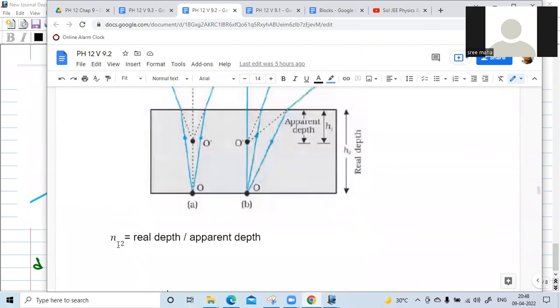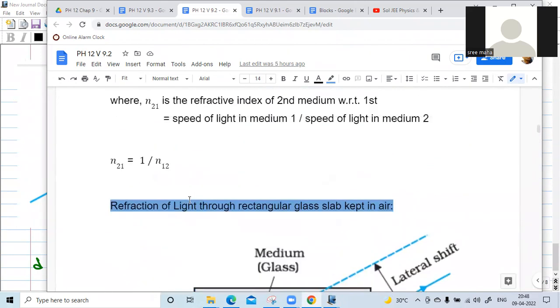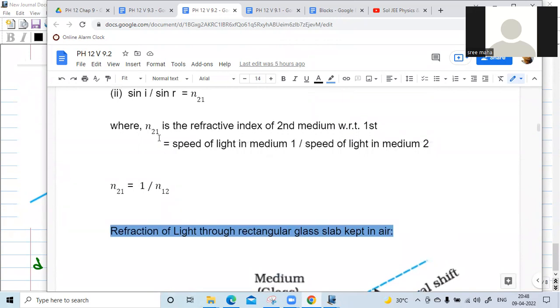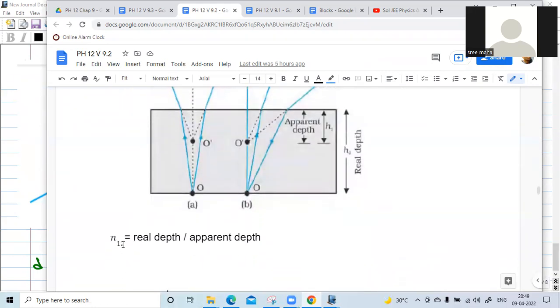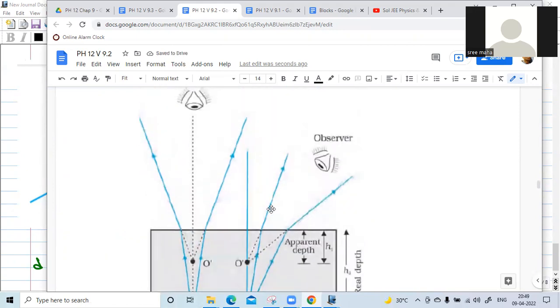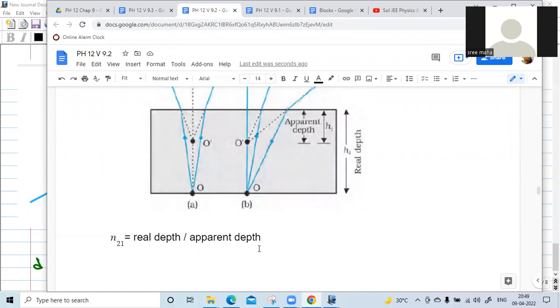This is the refractive index of the second medium with respect to the first medium. So n 2 1 is the refractive index of the second medium with respect to the first medium. That's the convention used. Here is the second medium, and here is the first medium. The second medium is the denser medium, here it is water. So n 2 1 is real depth by apparent depth. Real depth is more. This is greater than 1.